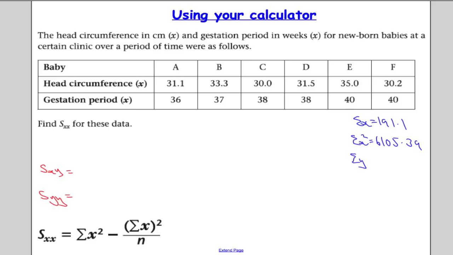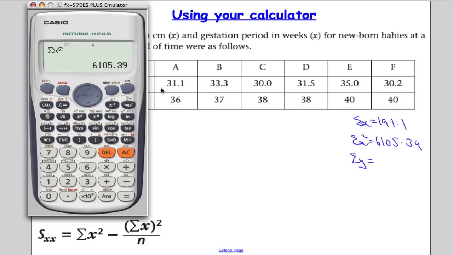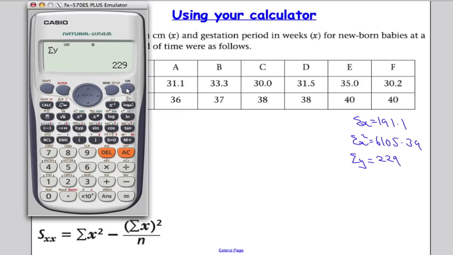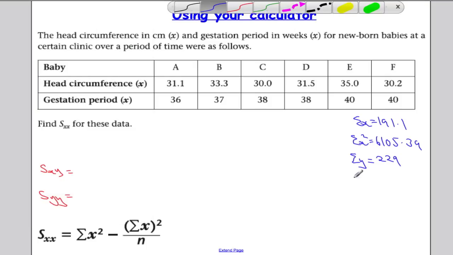I'm going to get the sum of y's. Again, following the same thing. Shift 1, sum of y's, so that's number 4. 229. And then sum of y squared. Shift 1, sum, and then 3. 8753.